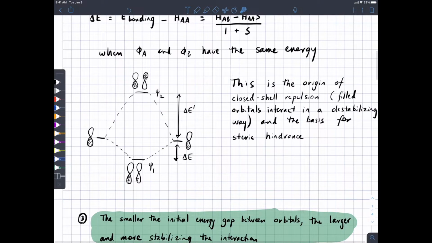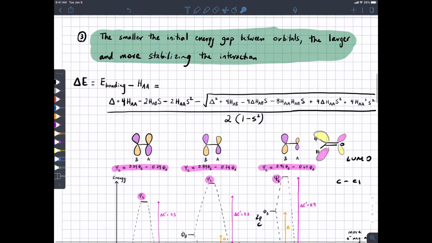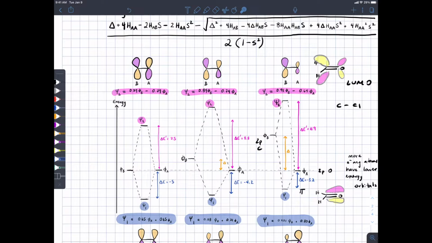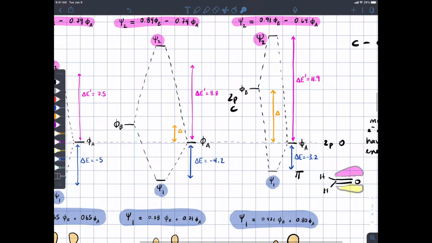and other effects. We talked about how if you bring two orbitals together and they're not at the same energy, and there was a ton of math involved in this, that the bigger the gap between the two orbitals, the less the bonding orbital is stabilized and the more the anti-bonding orbital is destabilized.